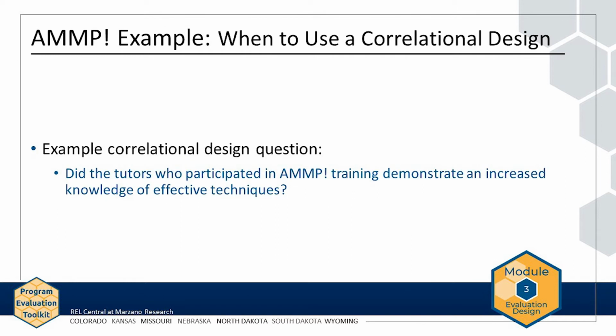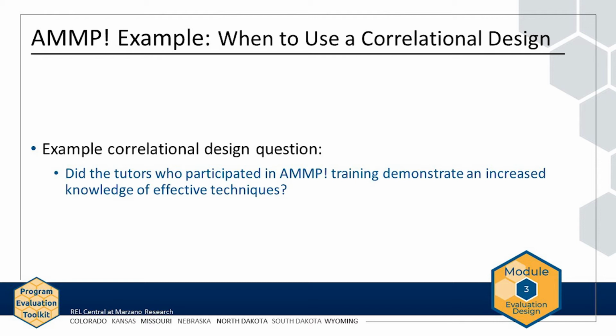What about an example of a correlational design? For the AMMP evaluation, the team likely wants to know whether there is a relationship between tutors' participation in the AMMP training, one of the logic model activities, and their knowledge of effective techniques, one of the logic model short-term outcomes. They might ask the following correlational design question.